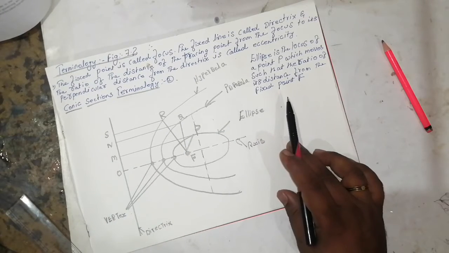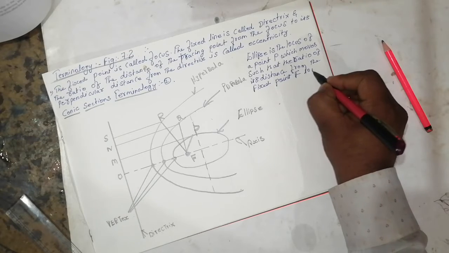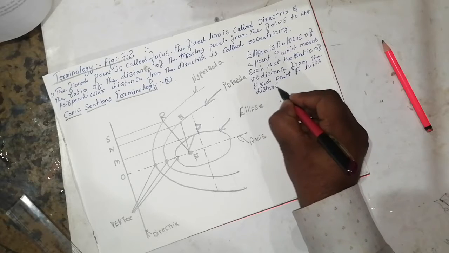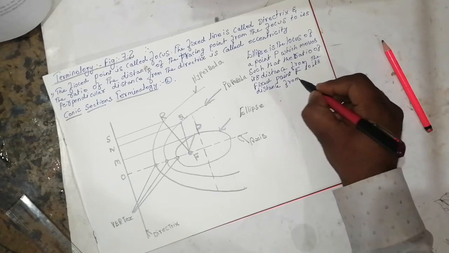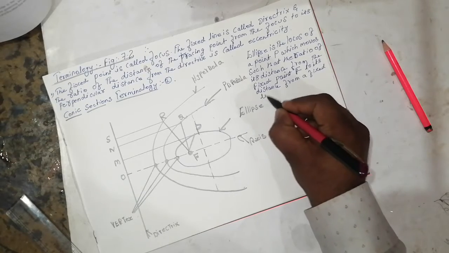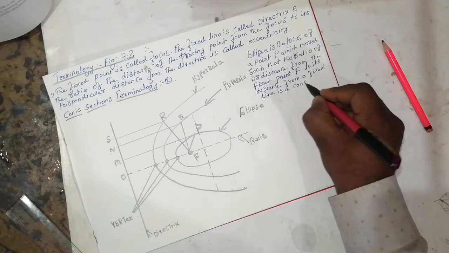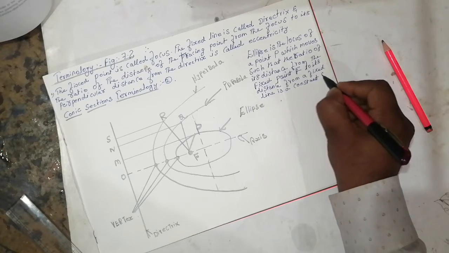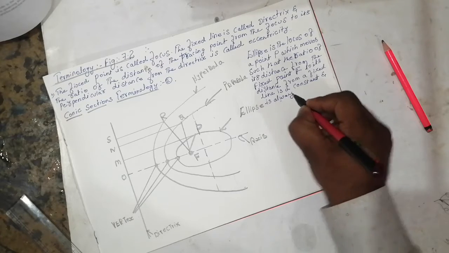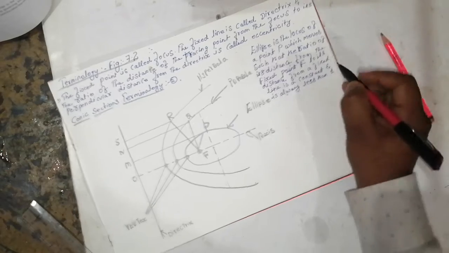So the fixed point is F, to its distance from a fixed line is a constant and is always lesser than 1.